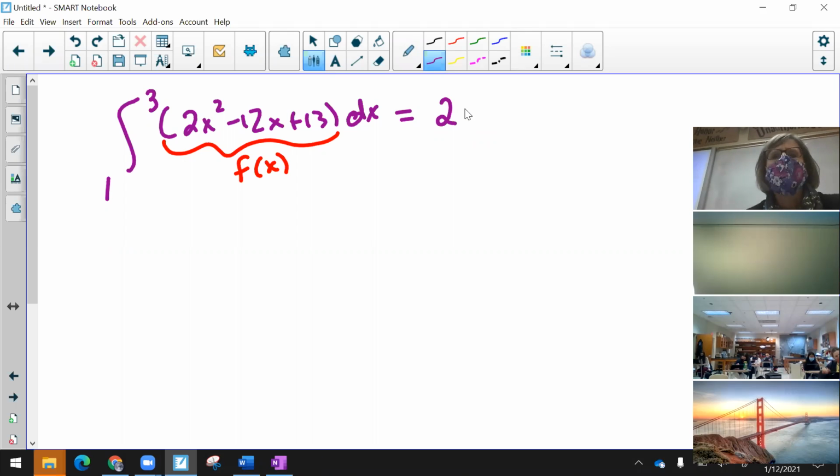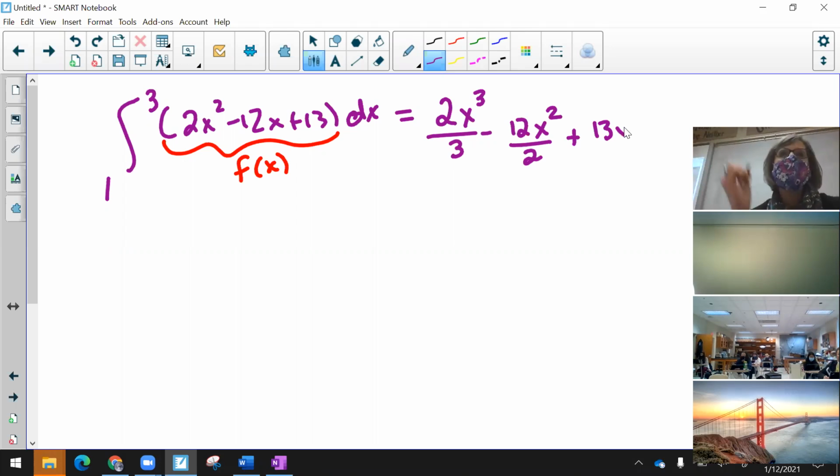All together now: 2x to the third divided by 3, minus 12 times x to the 2 divided by 2, plus 13x, okay? If this was an indefinite integral, it would have been plus c, but it's a definite integral because I'm looking at a very specific interval.